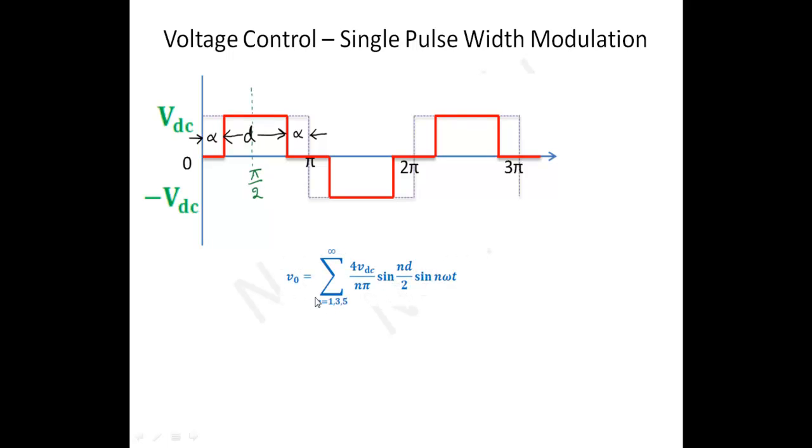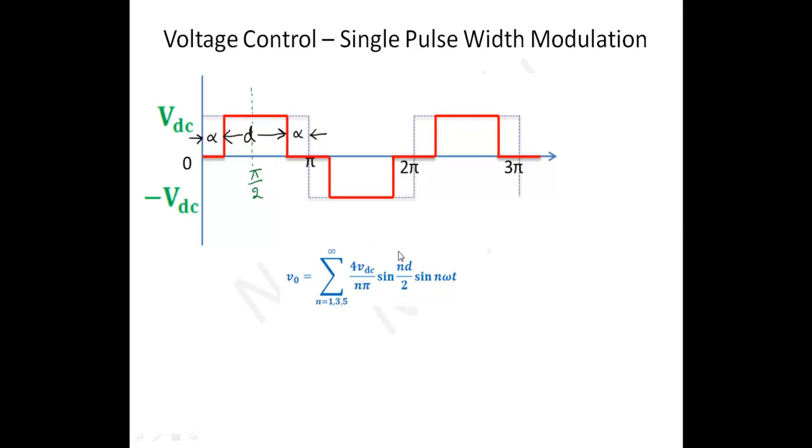Okay, so V naught equals sigma, n equal to 1, 3, 5 and so on to infinity, and for any square wave we will have 4 by n pi multiplied with the maximum value or amplitude, that's nothing but VDC, and this is sine n omega t, because it is symmetrical about 90 degrees, that's why you will have sine n omega t.